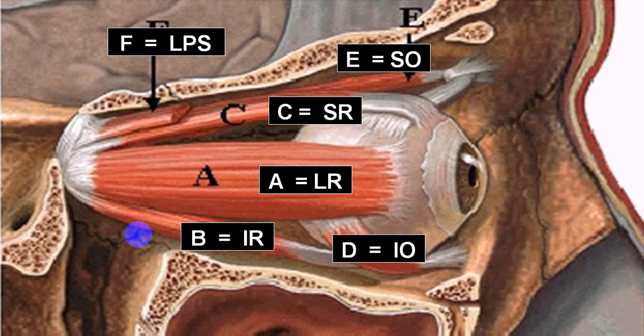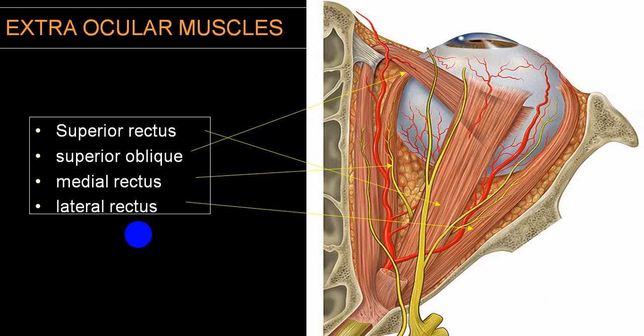Plus there is one muscle which is innervated by sympathetic fibers, the Muller muscle. So we have the superior rectus, superior oblique, medial rectus, and lateral rectus, which you can see. This is superior oblique, this is superior rectus, this is lateral, this is medial rectus, and on the inferior side you have the inferior oblique and inferior rectus.